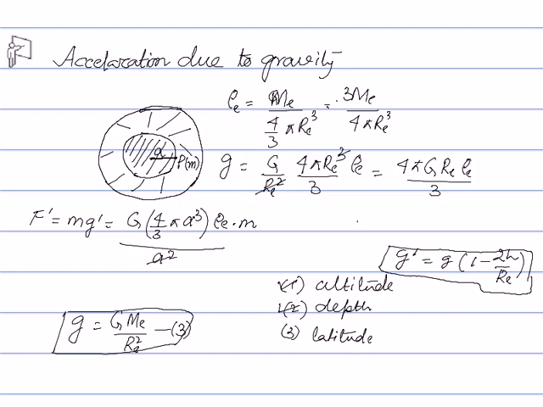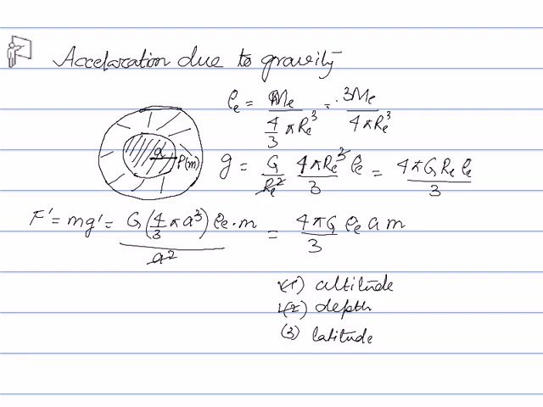So let us cancel out, and this becomes equal to 4 pi G by 3 rho_e a m.